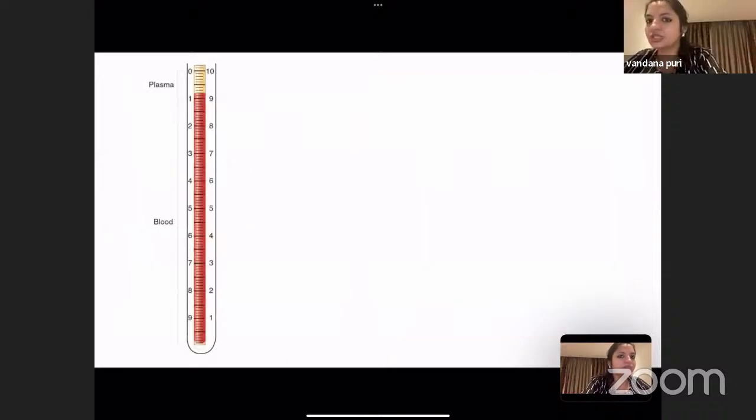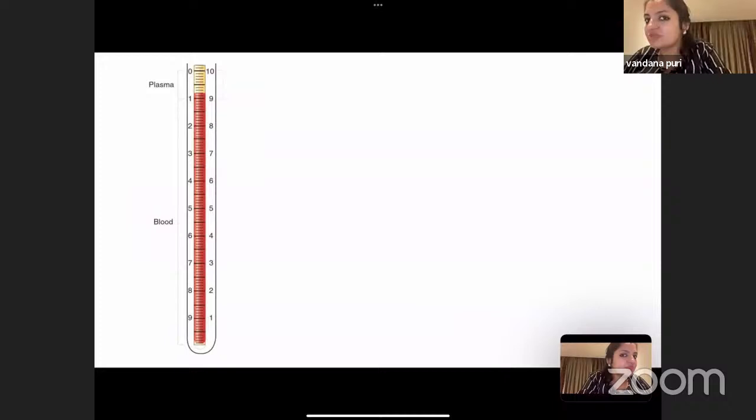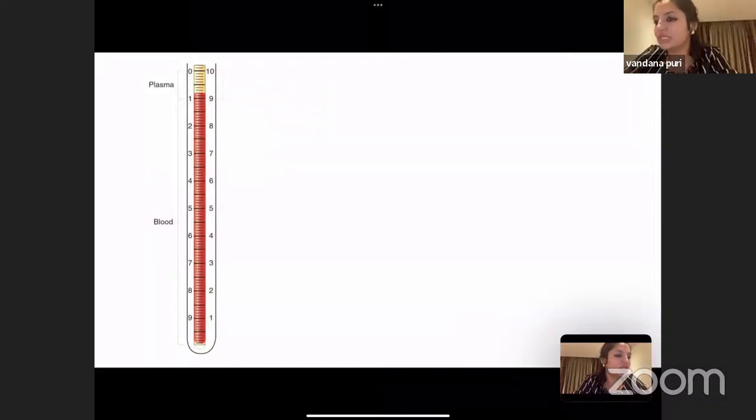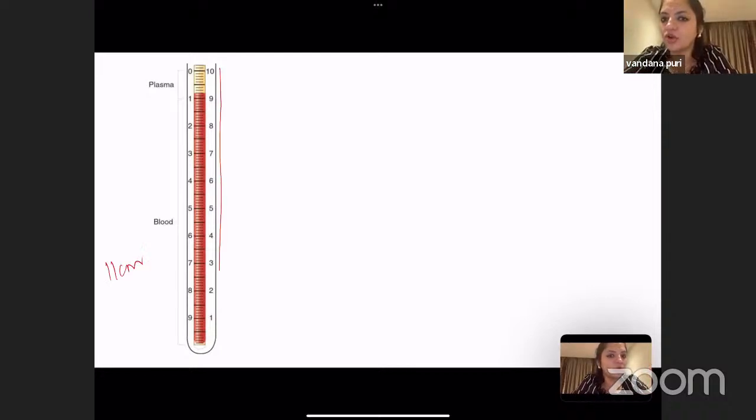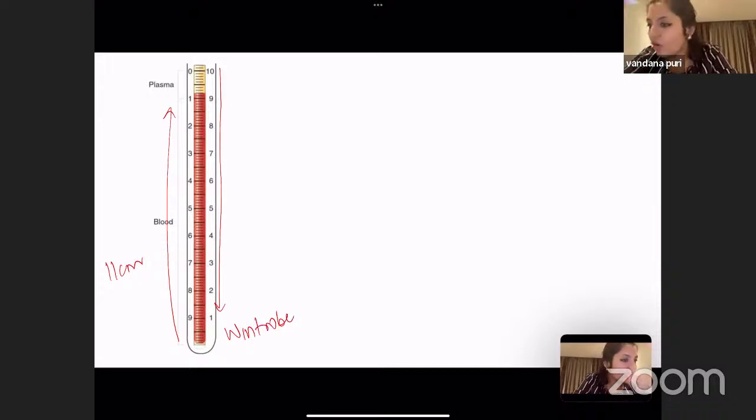Now I changed the question. Which anticoagulant is present in this tube? When you look at this tube, there are markings from both sides. So this is an 11 centimeter tube with markings from top to bottom and bottom to top. So this is your Wintrobe's tube. Why does it have markings from both sides? Because if you have to see the fall of red cells, that is ESR.